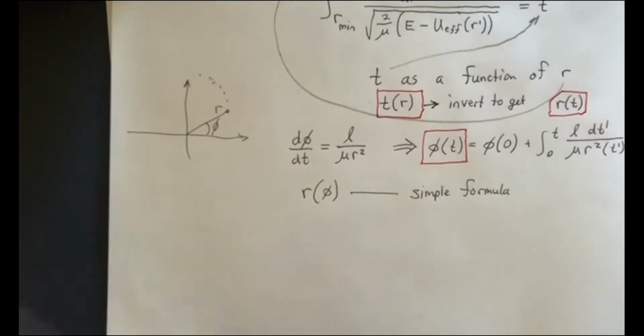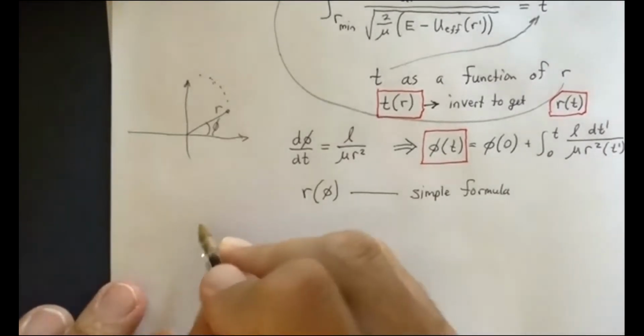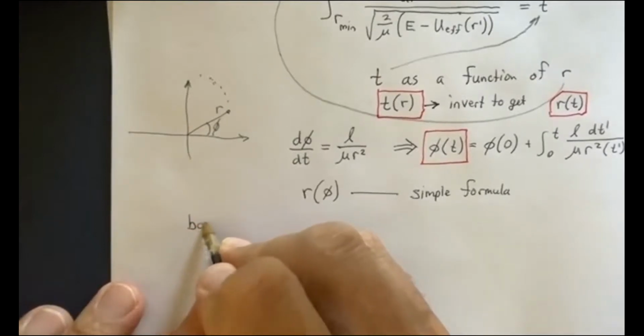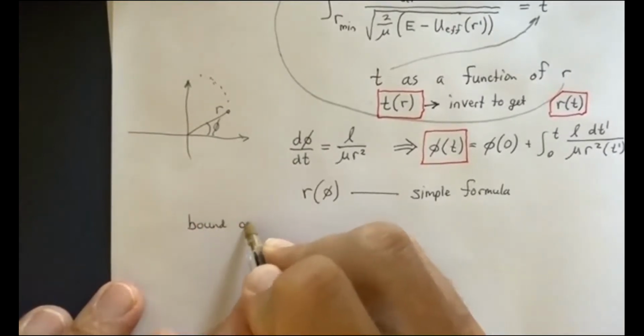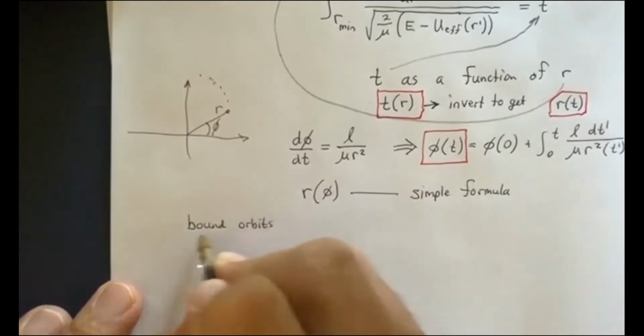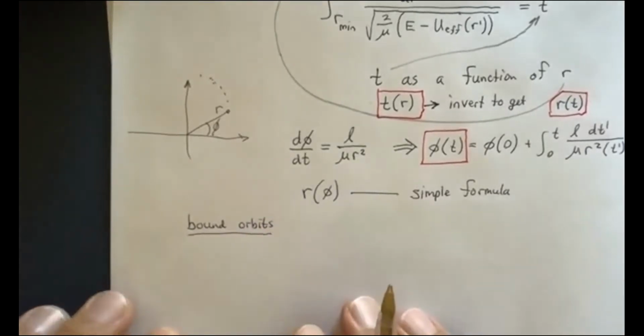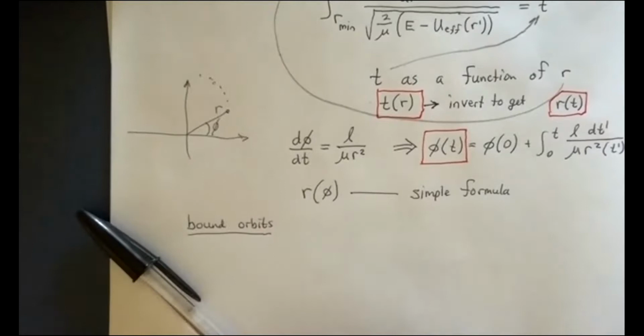So let's talk about this. And there's an interesting statement here about frequencies. Okay, so remember for the bound orbits, this is where we have the elliptical orbits.